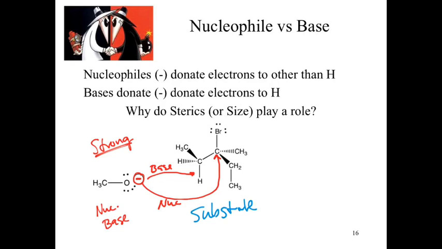You'll notice that carbon always has 4 bonds. So there's always 4 things around that carbon. And those things all have some form of electrons. So for our nucleophile to attack a carbon, it has to get by a bunch of other electrons.